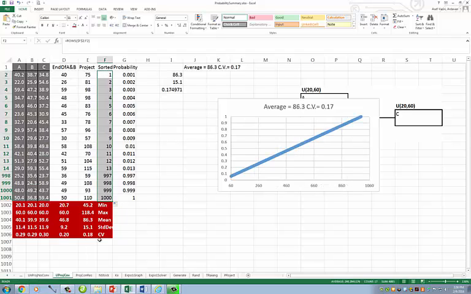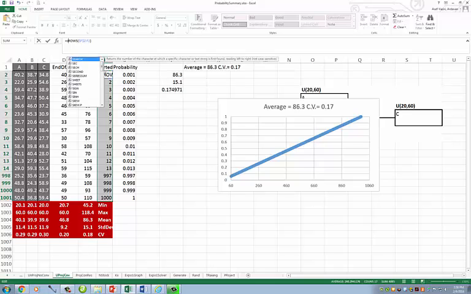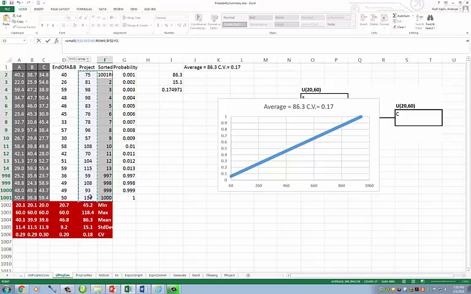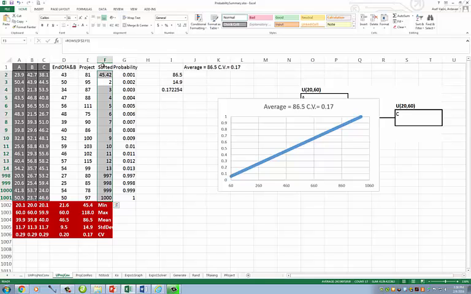So now I have numbers from 1 to 1000. Small, small. Small what? Small project. And lock it because you want to copy it down, and rows, small first, small second, small third, and so on. And then I will copy it down.